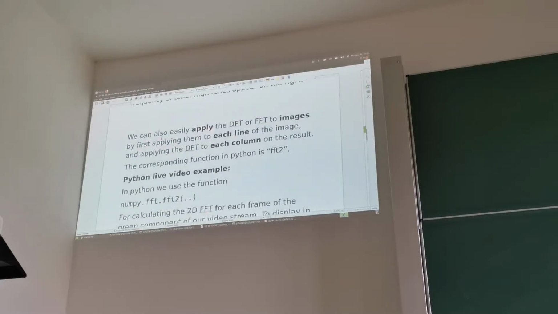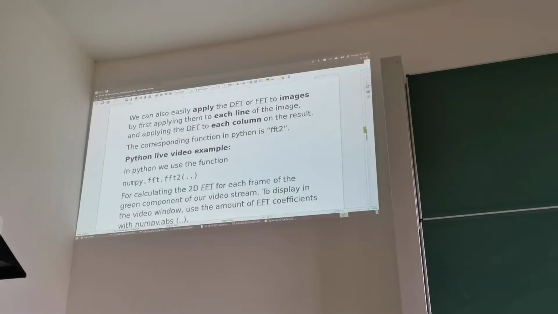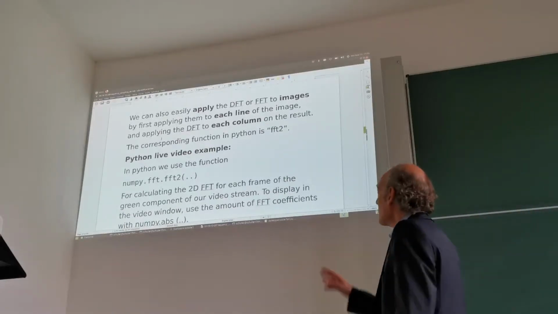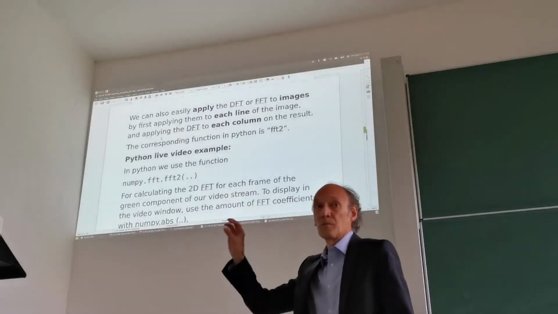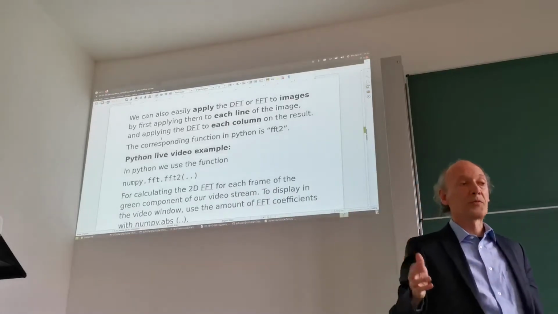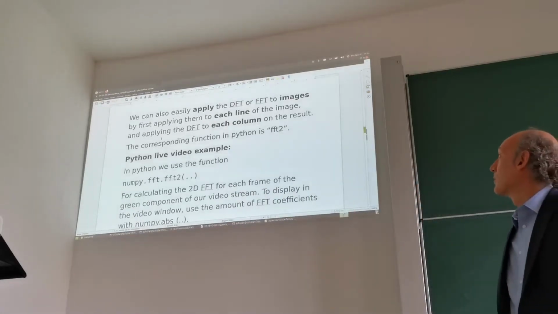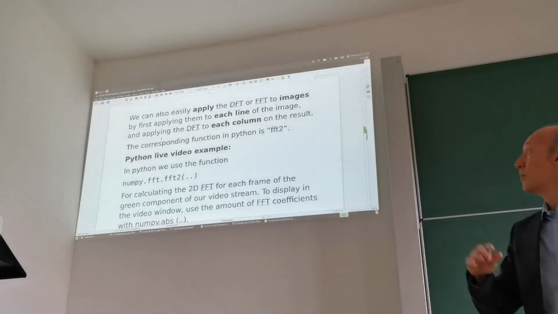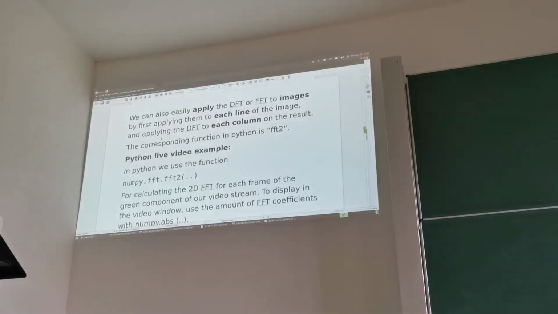Yeah, so we can also use this FFT and apply it to images. But there we have rows and columns, so what we do is first apply it to each row and then to each column.